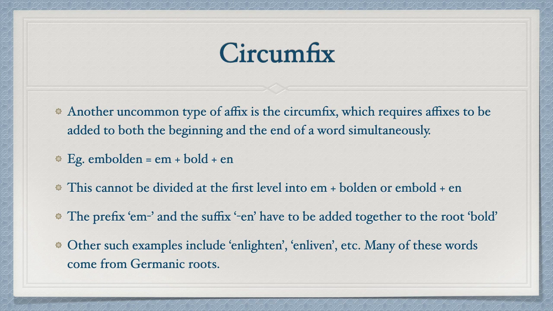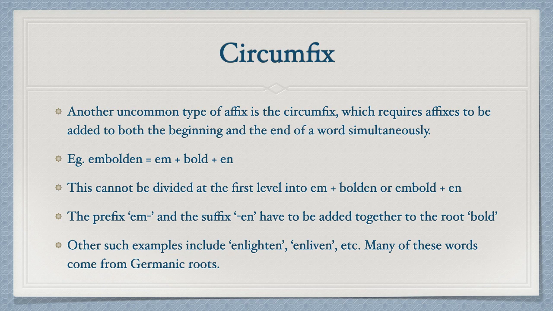An example is the word embolden. The verb embolden can be broken down into em plus bold plus en. Em, that is the prefix. Bold is the free morpheme, it is the root of the word, and en is the suffix. But this cannot actually be divided at the first level into either em plus bolden or embold plus en.